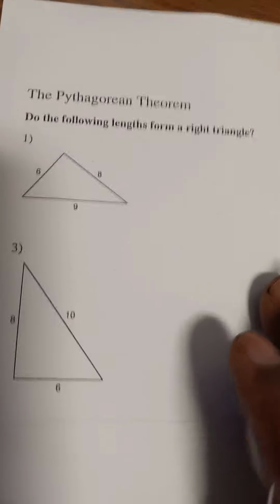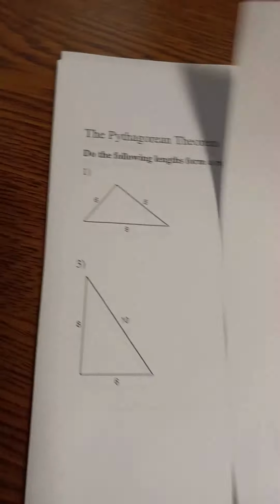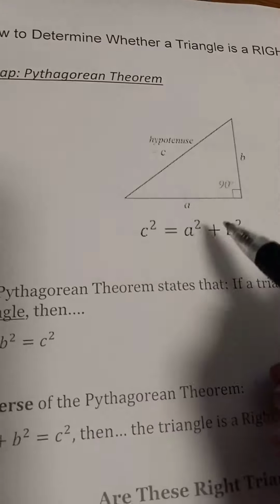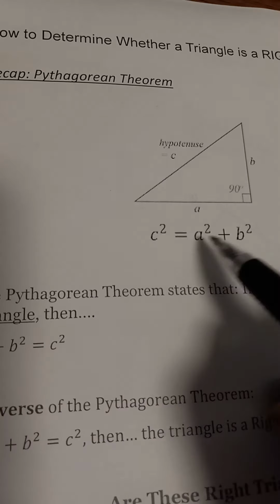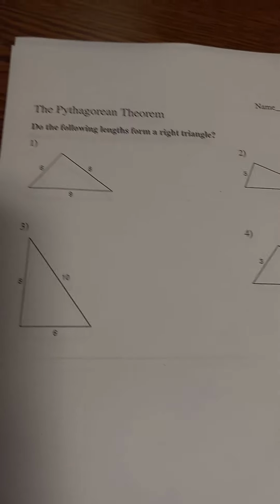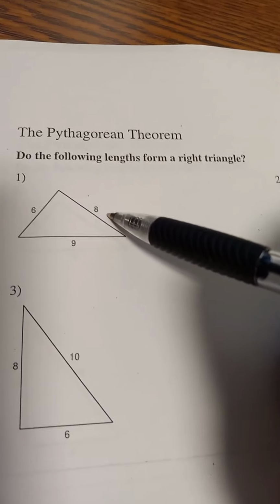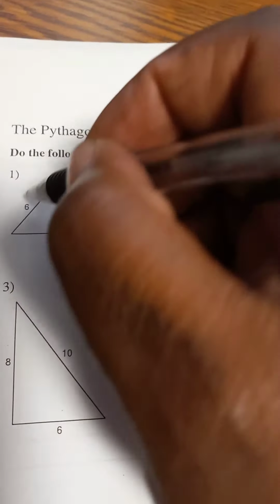From before, the Pythagorean Theorem states that A squared plus B squared is equal to C squared, right? We have two short sides, 6 and 8. These are your legs.